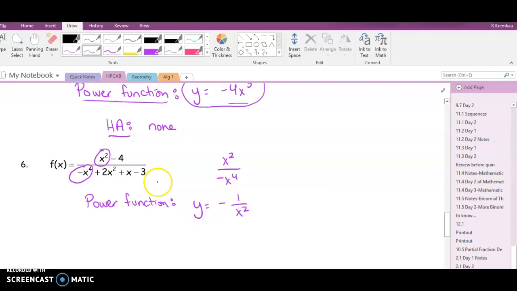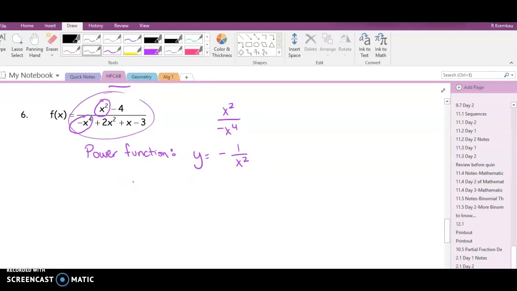That's going to be our power function. This function in general is going to follow a fairly similar path to y equals negative 1 over x squared. When you look at 1 over x squared, there will be a horizontal asymptote. You could graph this to see what it is.